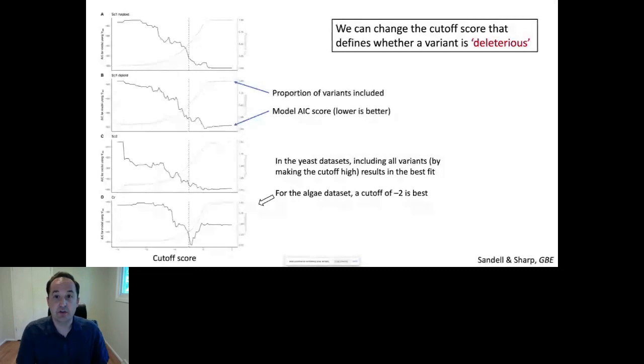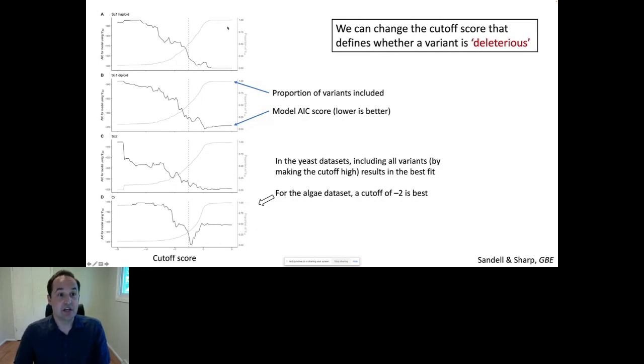I mentioned that the default cutoff score is negative 2.5, and one way we can look at these data is by adjusting where we put that cutoff score. And so here, these plot in gray the proportion of variance included, going up to 1 here, and then the AIC score for the model fit to the fitness data, where the dashed line is the default score.